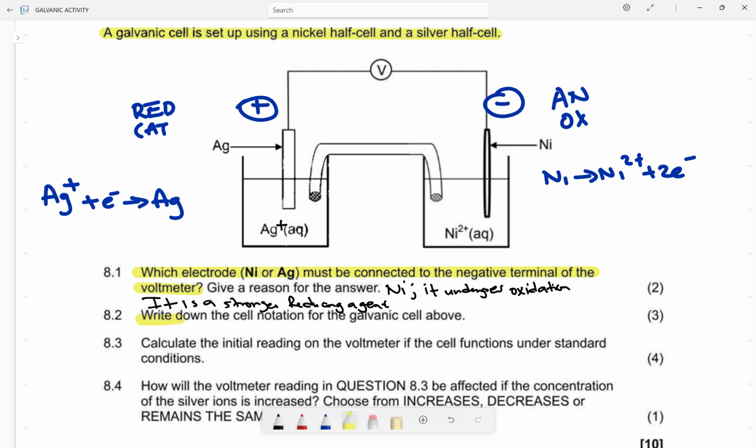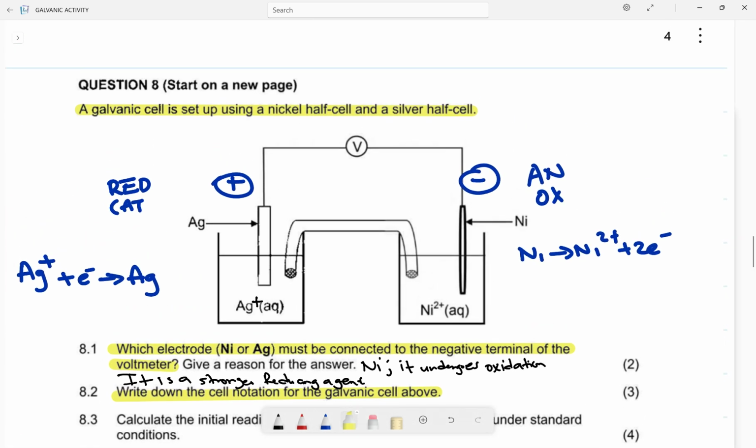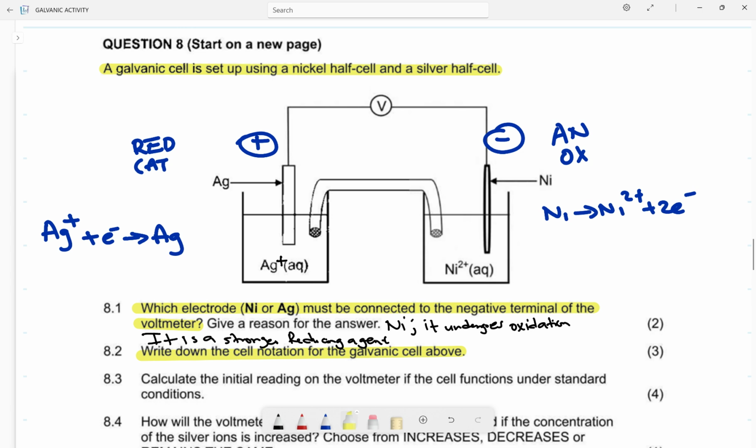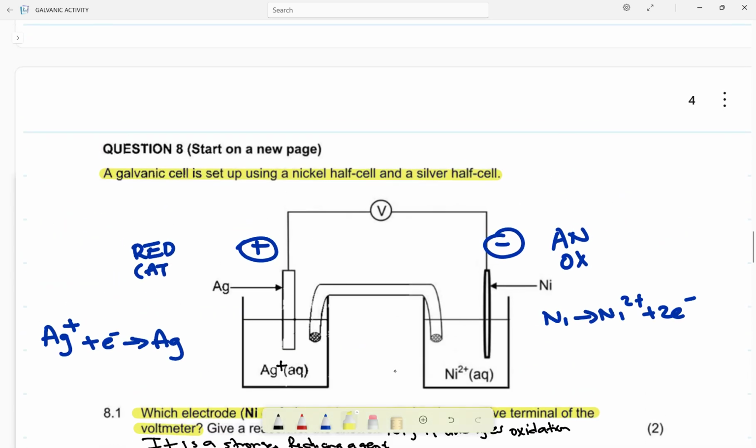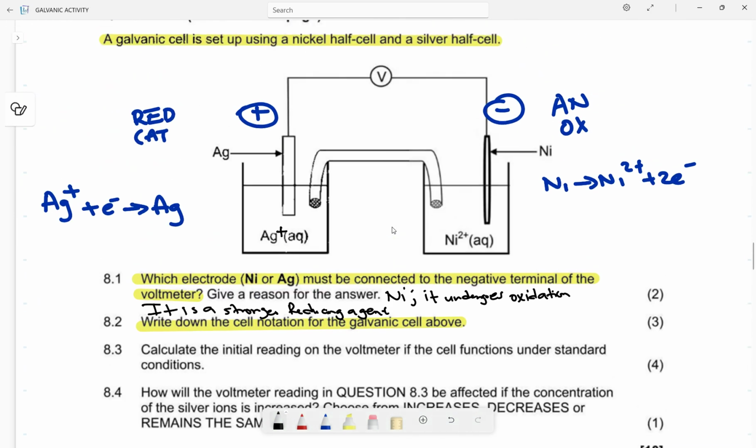Write down a cell notation for the galvanic cell. Remember, how do we write a cell notation? We start with the anode, salt bridge, cathode. Our anode is this one.